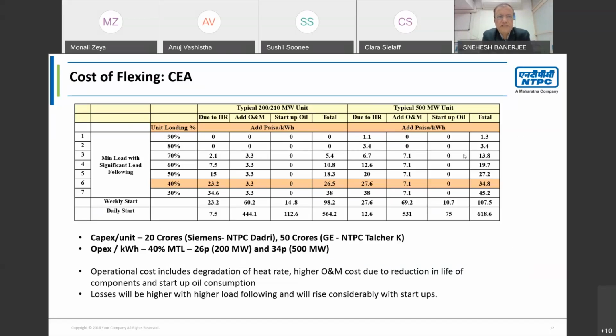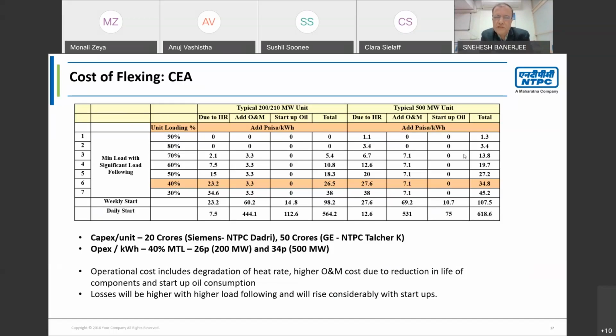So in these slides, again, we are quoting the CEA recommendations, where it is shown what the different components of compensation may be at different loading factors, and at the same time it is mentioned what the capex associated per unit cost may be. Capex, based on different pilot studies, varies from say 20 crores to 50 crores, which on a longer-term perspective, maybe in a 10-year time frame, is not very high with respect to per unit cost.